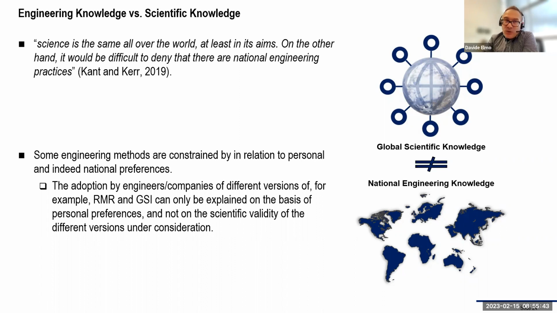That's why we call it the Tower of Babel, because depending on where you are and the company you're working with, our engineering knowledge is actually not the same. The methods are not the same, the guidelines are not the same. Furthermore, some engineering methods are constrained by personal and indeed national preferences. To give an example for rock engineering, the adoption by engineers and companies of different versions of RMR and GSI can only be explained on the basis of personal preferences. And there's no scientific validity to the different versions we use in engineering practice.